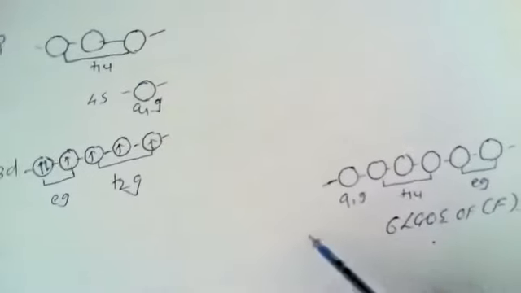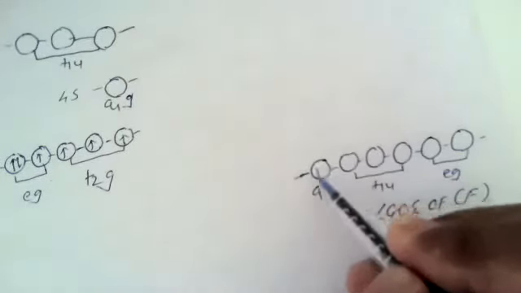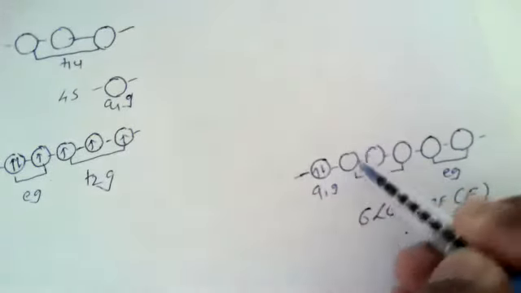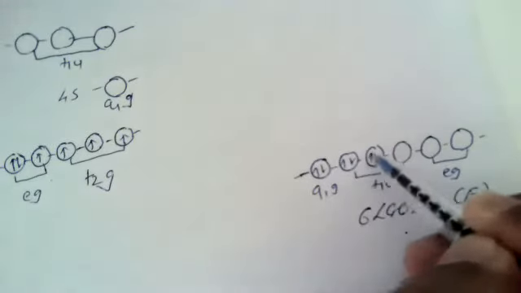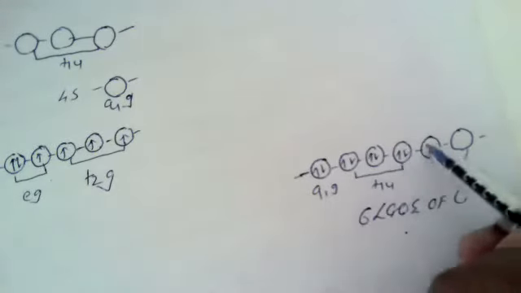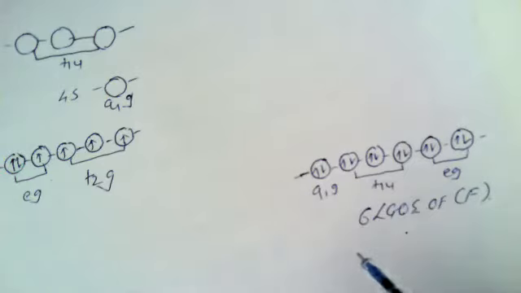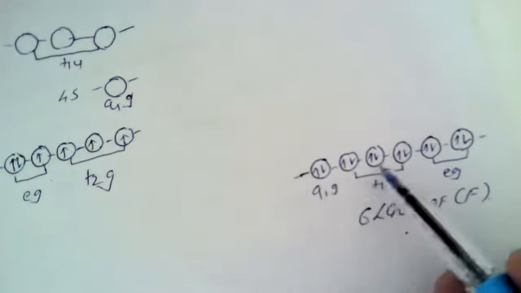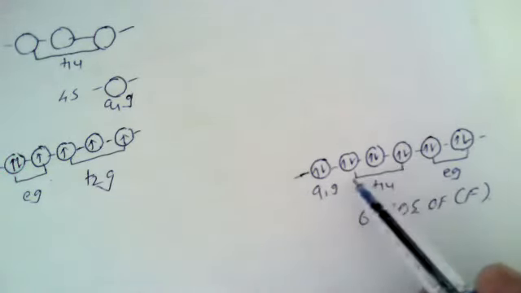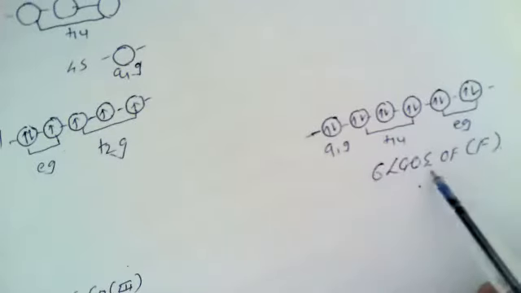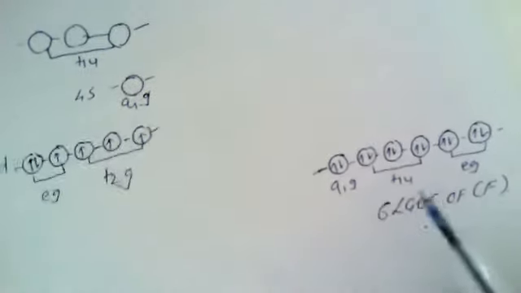So the 9th and 10th electron is contributed like this: first fluorine, the second fluorine, third, fourth, fifth and sixth. So 6 fluorides can contribute 2 electrons each, or 6 electron pairs, or 12 electrons, which are donated by 6 LGOs of fluorine.